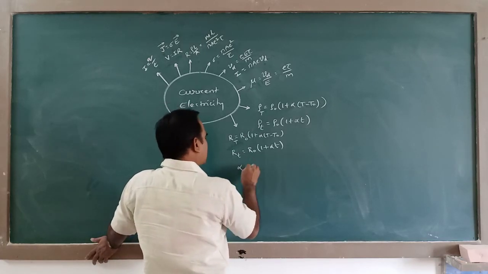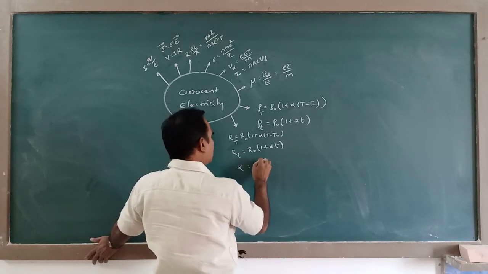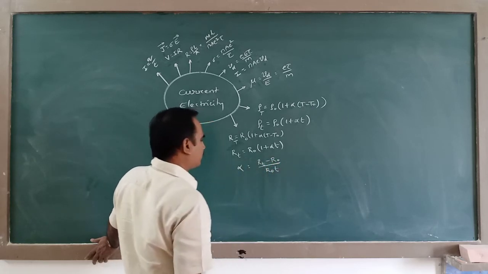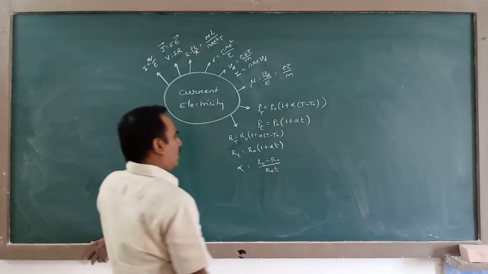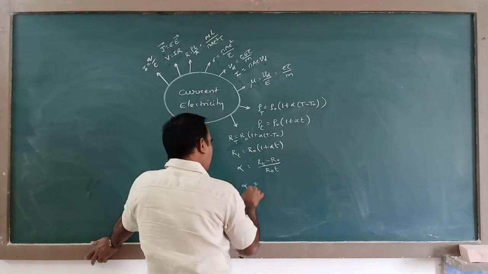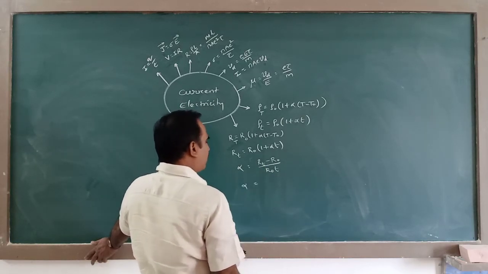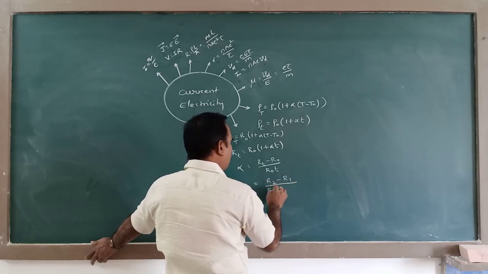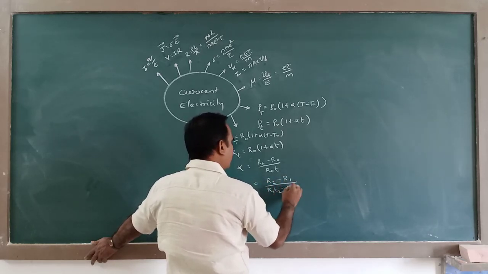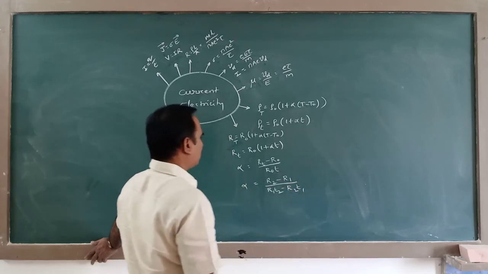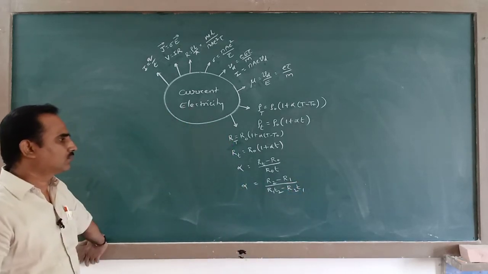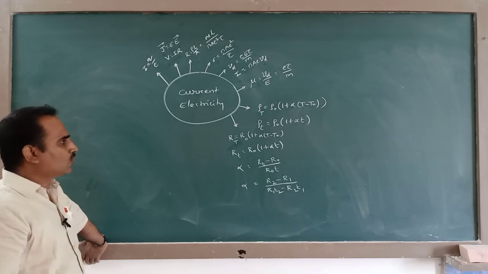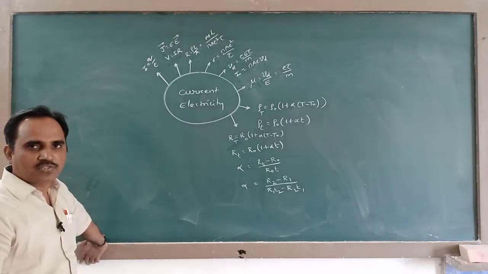And this alpha can be written as RT minus R naught divided by R naught into T. The same expression for alpha in terms of resistances at two different temperatures can be written as R2 minus R1 divided by R1 T2 minus R2 T1. So this equation shows the linear variation of resistance with the temperature.